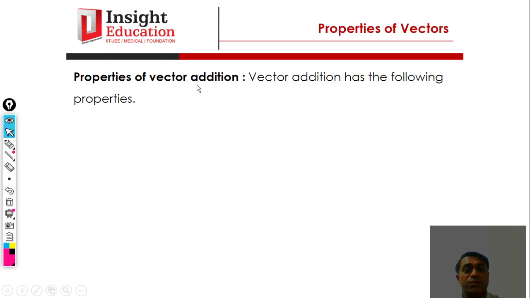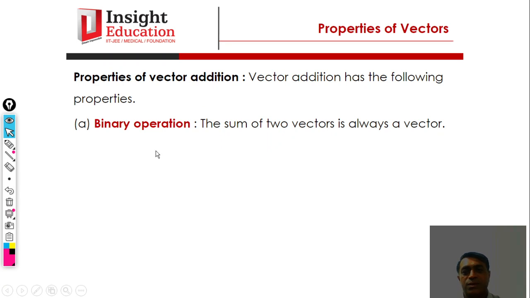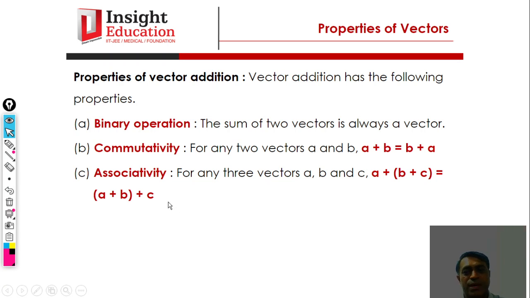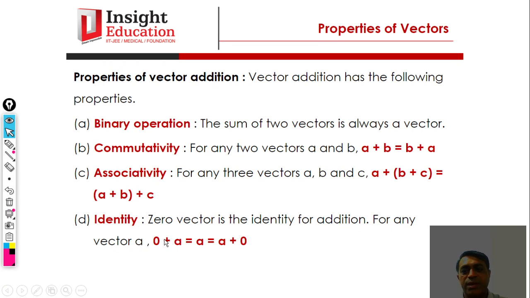Properties of vector addition. Closure: the binary operation, the sum of two vectors is always a vector. Commutative property: a plus b is equal to b plus a. Associative: a plus b plus c, or a plus b plus c grouped differently, follows the law of associativity.